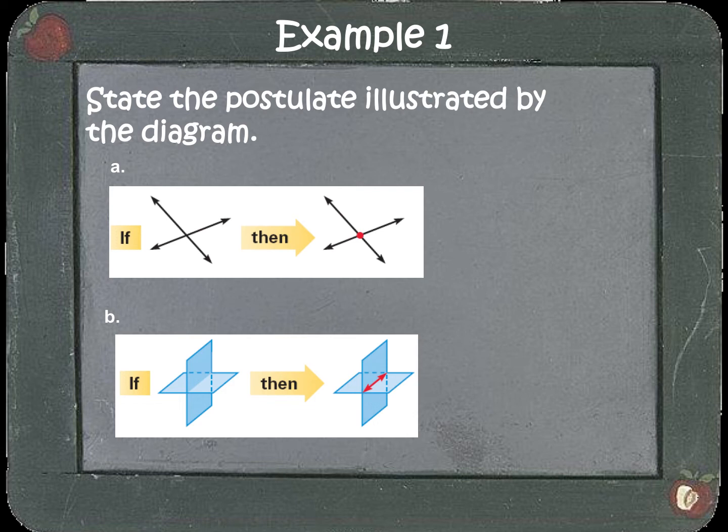So in this picture, it's showing me that if two lines, and that's what's pictured here, and they're intersecting. So if two lines intersect, then, and notice what's highlighted in red, their intersection is exactly 1 point.